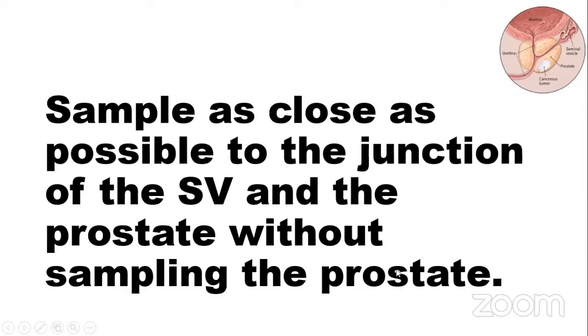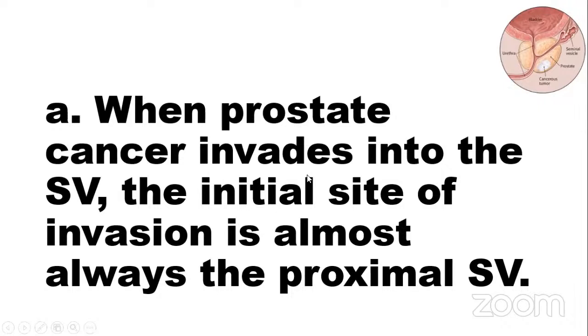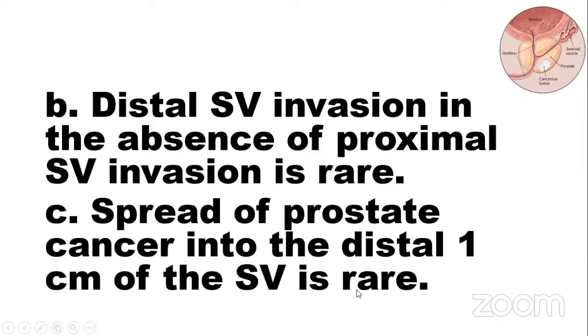When prostate cancer invades into the seminal vesicles, the initial site of invasion is almost always the proximal seminal vesicles. Distal seminal vesicle invasion, in the absence of proximal seminal vesicle invasion, is rare. Spread of prostate cancer into the distal 1 centimeter of the seminal vesicle is also rare.